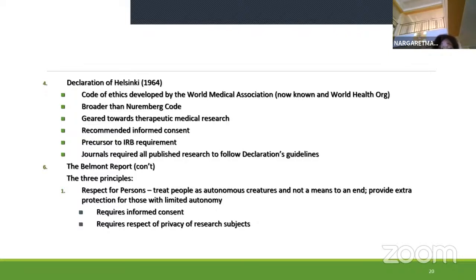It recommends informed consent, which is a precursor to IRB requirements. In journals these days, it is the practice that if you want to publish a paper on any research conducted on humans, you have to provide your ethical approval for that study. So we again emphasize the three principles: the respect for persons.